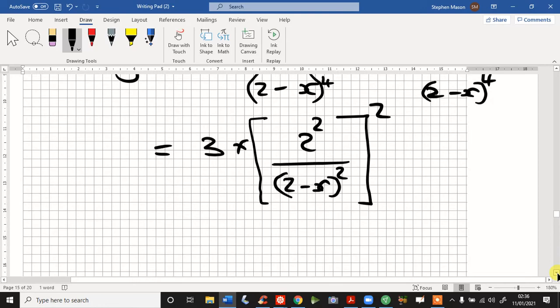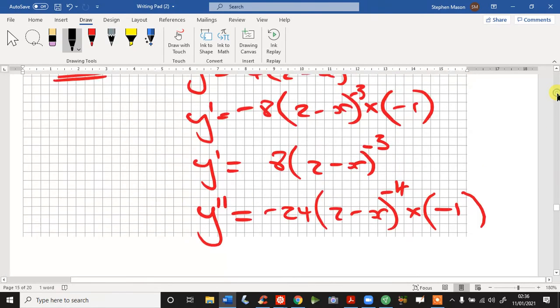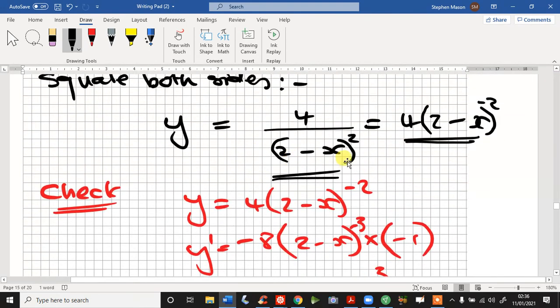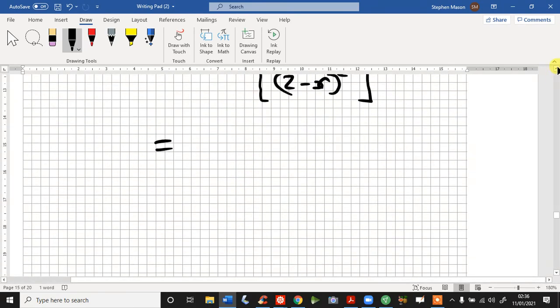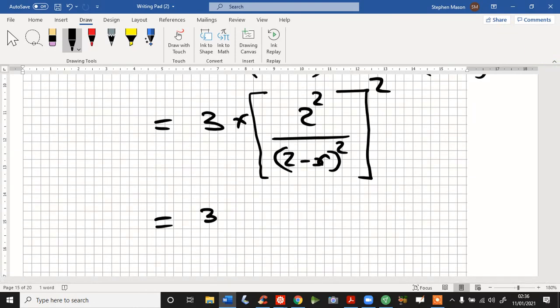Right, now let's just have a look at what y was. So we had for y 4 over 2 minus x squared. We'll just rewrite this in more familiar terms: 3 times, in brackets, 4 over 2 minus x all squared.